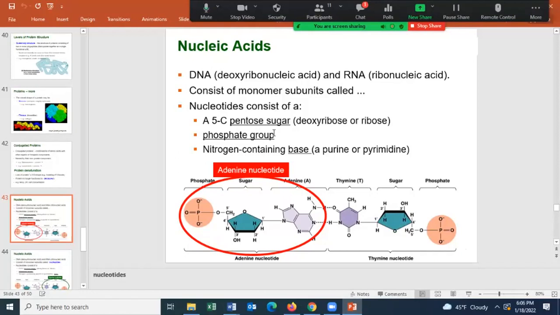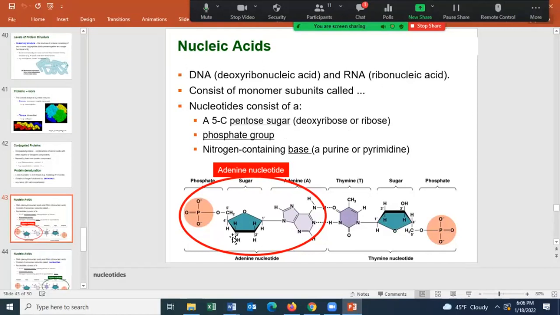There's a pentose sugar, shown here, pentose meaning 5-carbon sugar, and that is always either ribose in RNA or deoxyribose in DNA. And it's the sugar that gives deoxyribonucleic acid its name, or ribonucleic acid.